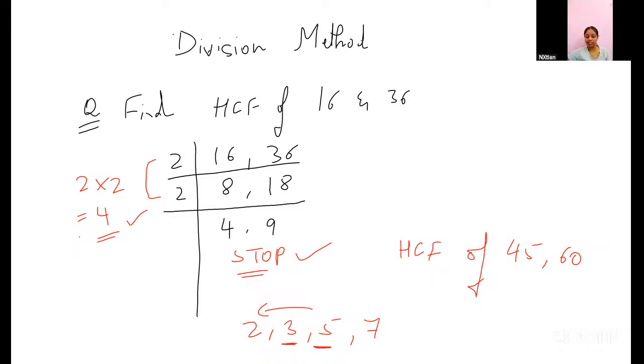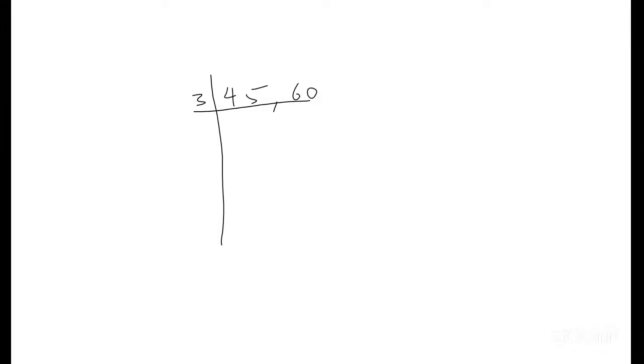Now 45 and 60, just to show you all. If I take 3, Nathaniel, how many times is 45 divisible by 3? 15. 15 times.